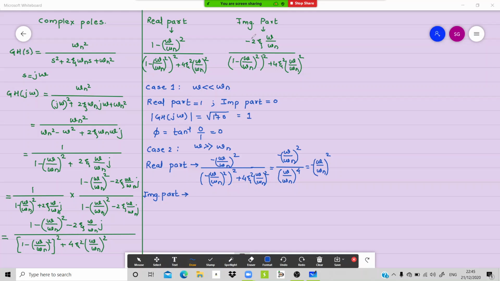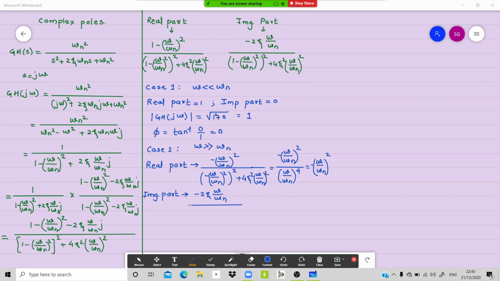See now, imaginary part, when your omega is very high, right? Then in that case, you'll find that this one will not come in picture. So this term is there and this term is there, right? So I'll write minus 2 omega upon omega n upon.